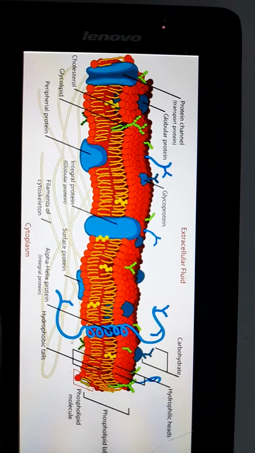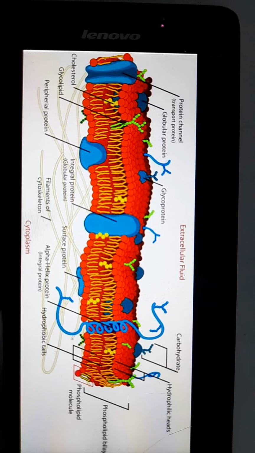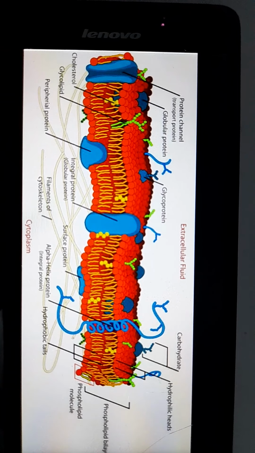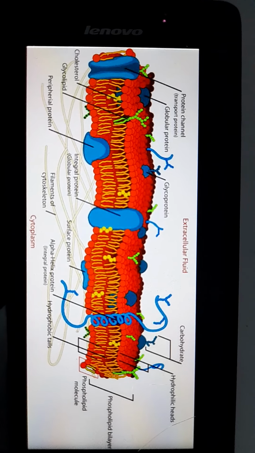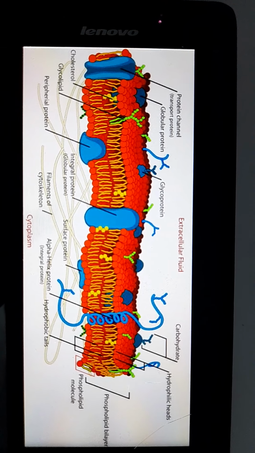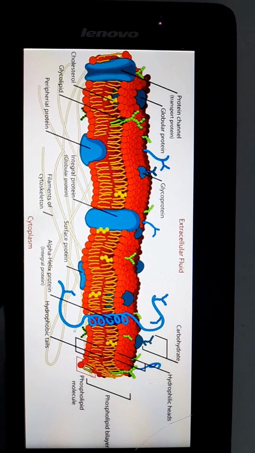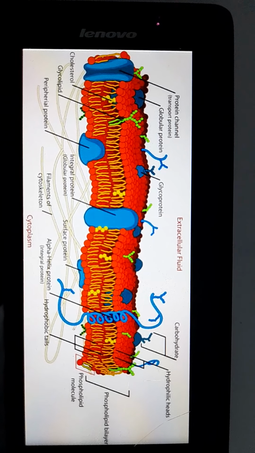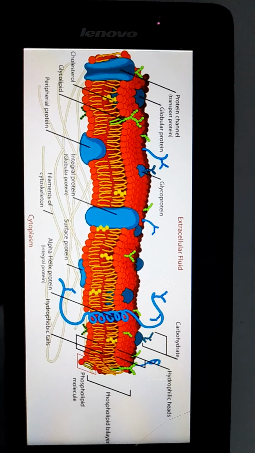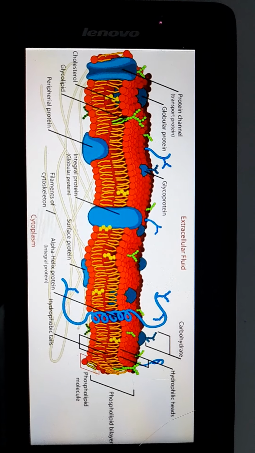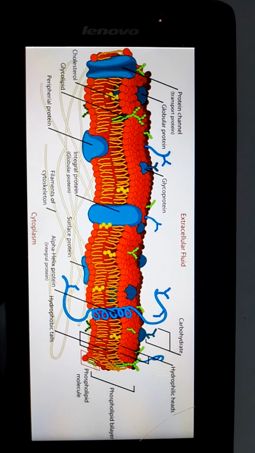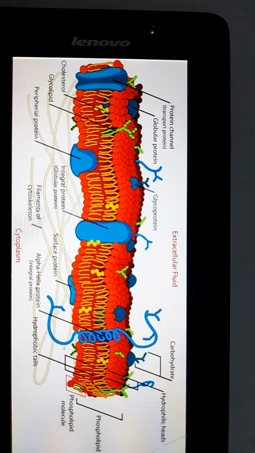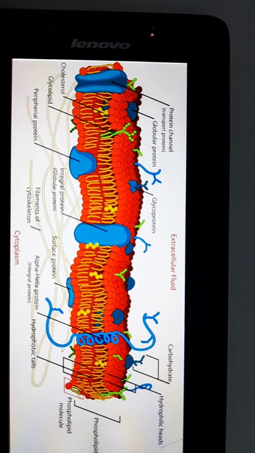Next, carbohydrates occupy a smaller portion, about 5%. These may be branched or unbranched chains of sugars. These are covalently linked to both lipids and proteins. If they are linked with lipids, they are called glycolipids. If they are linked with proteins, they are known as glycoproteins.